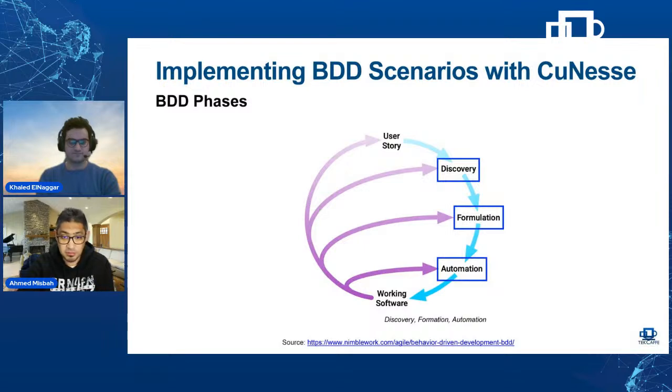After that, they move to the formalization phase, where they start writing down these examples using some sort of domain-specific language. Once they have the examples written using a DSL, now we have executable specs, which we can automate, turn into automated tests, and turn the automated tests into the production code, then deliver this production code as working software.